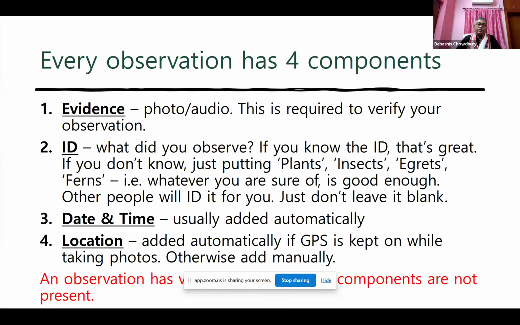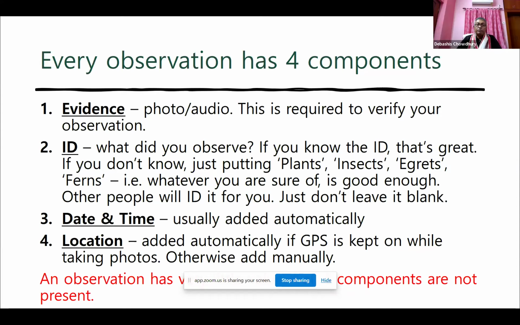If the observer himself knows the ID, that's great. If you don't know, even a coarse ID like plants, insects, egrets, ferns will do, or whatever you are sure of is good enough. Other people will help ID for you, but it's better not to leave it blank. It's good practice to put at least some ID.